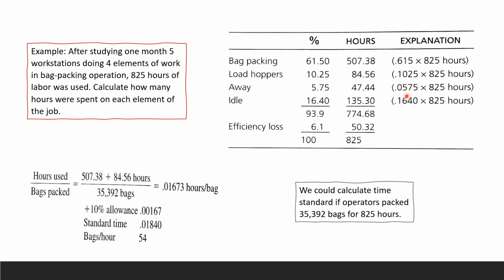So 0.0575 times 825 hours is going to give you 47.44. Then here it's going to give you 135.30. When you take a look at it, we're already spending around 180 hours being away and idle.